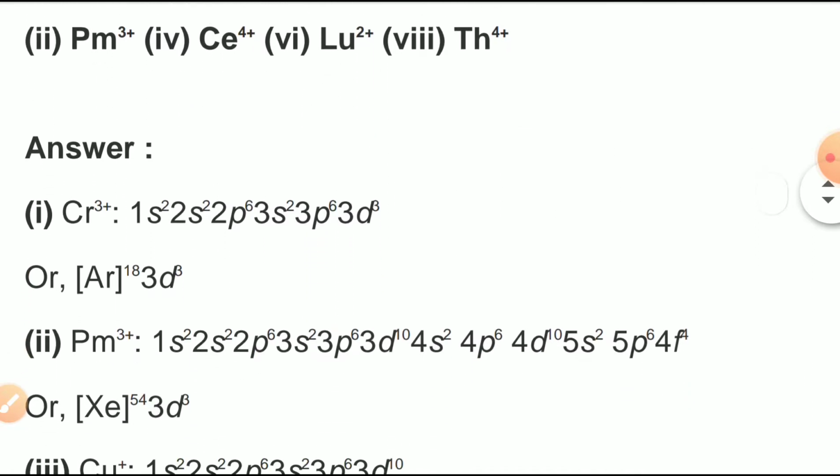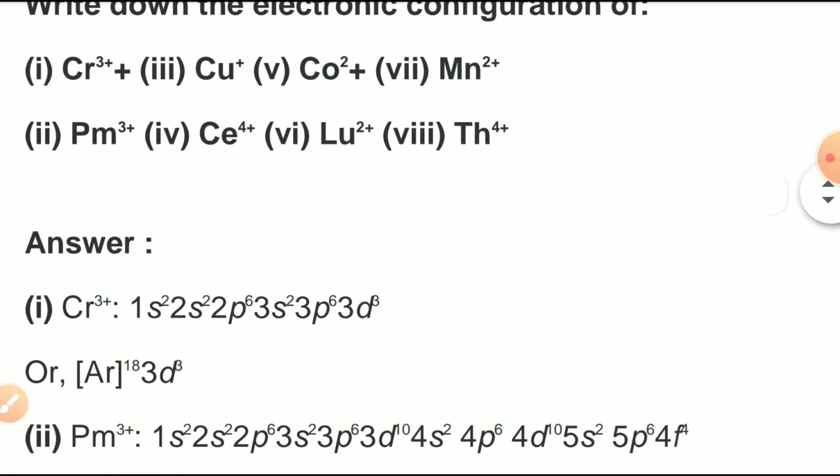So here, see the point number 1, Cr3+ is 1s2, 2s2, 2p6, 3s2, 3p6 and 3d3. Or we can say argon electronic core and 3d3.